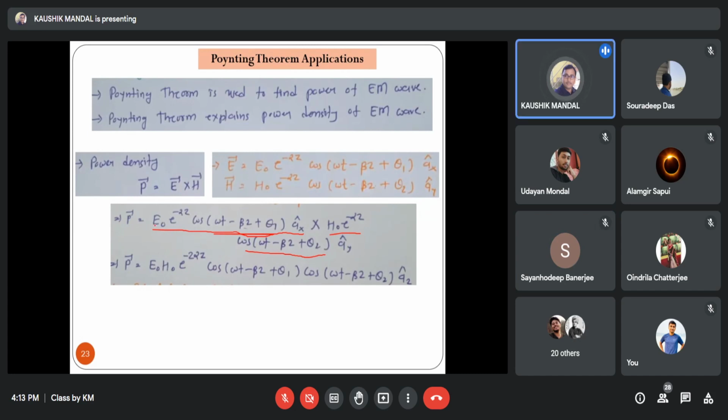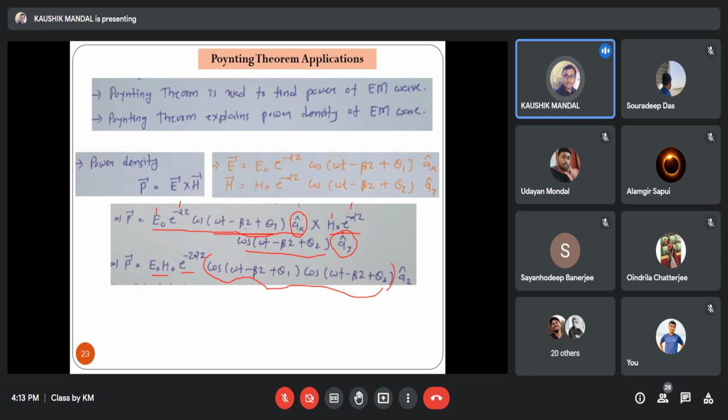Now you see that E0 into H0, e to the power minus alpha z, e to the power minus alpha z, so it becomes E0 into H0 into e to the power minus 2 alpha z. Then there will be cos of omega t minus beta z plus theta 1, cos of omega t. So this is one term, basically cos c into cos d. And it remains ax cross ay.